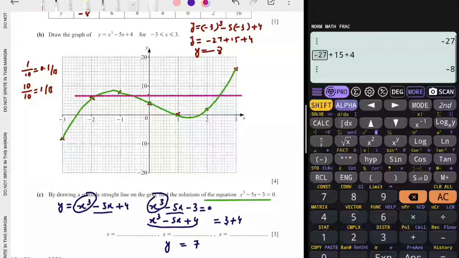Now students, we have to find out the solution set, and we have to see the intersection points. So let us start from here.